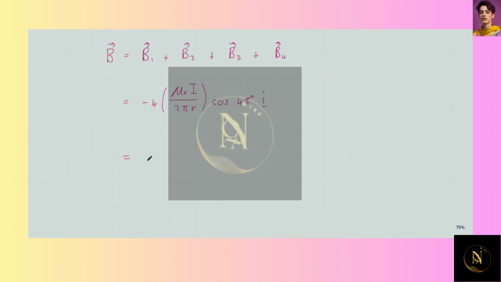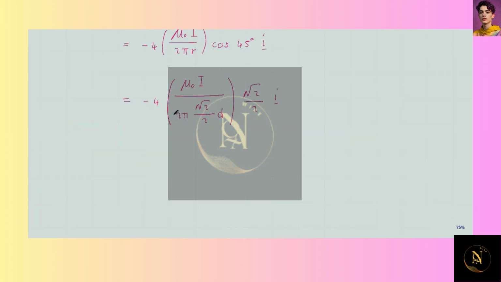So this simplifies to minus 4 times mu naught I divided by 2 pi, and we replace r by the square root of 2 over 2 times d, multiplied by the square root of 2 over 2 times the unit vector i.